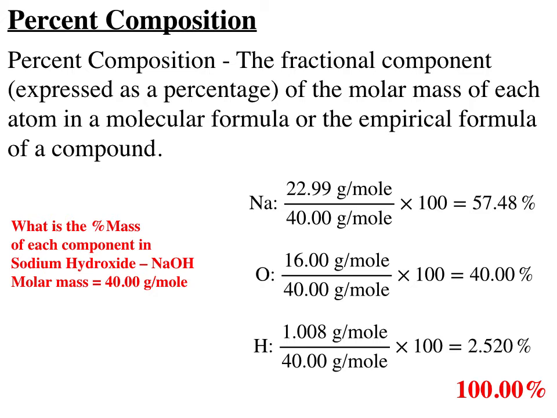Divide the molar mass of the entire molecule into the molar mass of oxygen, multiply by 100 to convert the decimal to percent, and I find 40% of the total mass is due to the oxygen, and the hydrogen, 1.08 gram per mole. Divide that by the total molar mass of the compound and find that 5.2% of the total mass of the compound is due to hydrogen.